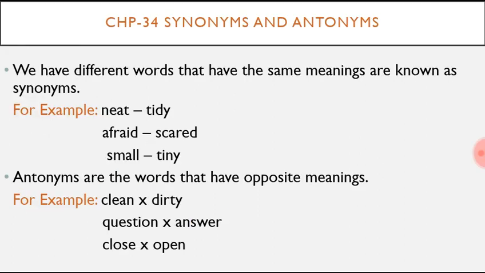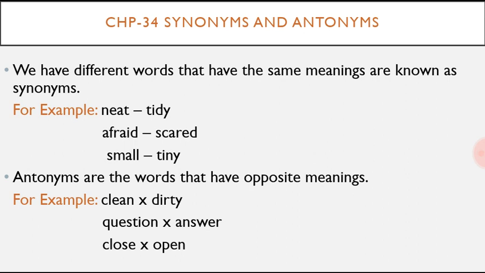Now here is the next chapter, that is synonyms and antonyms. Now we have different words that have the same meanings, known as synonyms. So the words which are similar in meaning or they have same meanings, this type of words are called synonyms. For example, neat, that means clean.